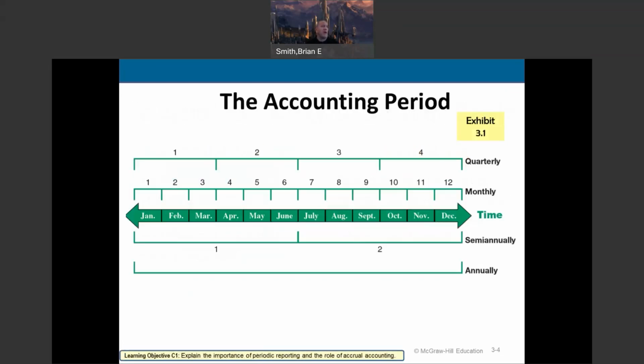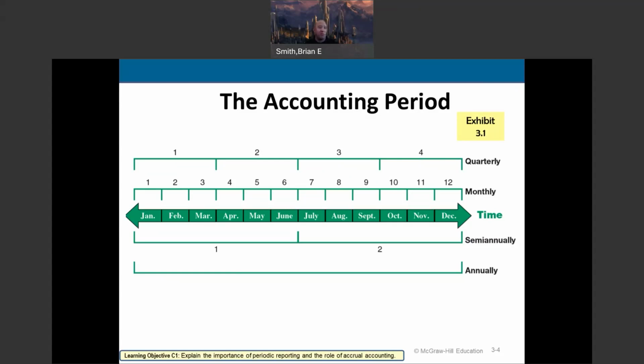Now, before I get into that, remember that our revenue recognition principle and our matching or expense recognition principle says that we're going to recognize our revenues in the accounting period they were earned, not necessarily the cash we received, and we're going to recognize our expenses in the accounting period in which we used them, not necessarily when we paid for them.